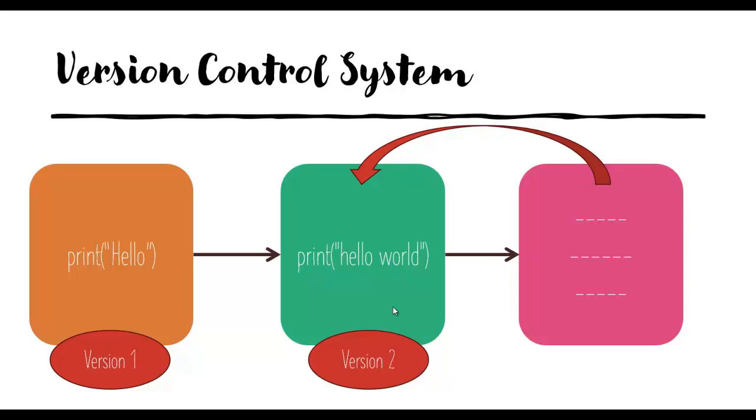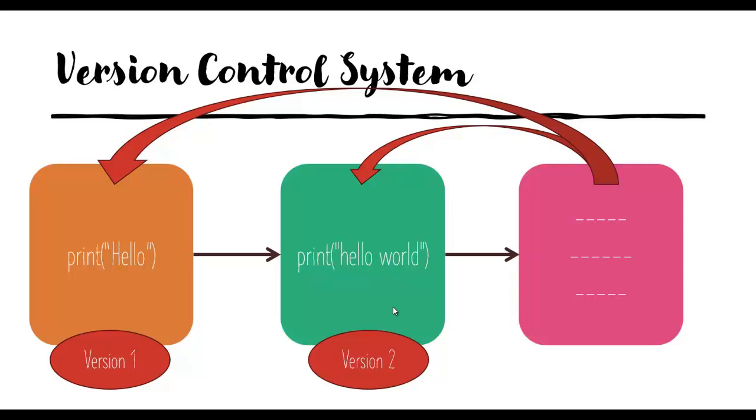Also, we can revert back to version 1 as well using Git. So please remember, it is not just about moving to the most recent version. You can roll back to any saved version as long as you know which version you want to revert to, right? This is one of the main advantages of using a version control system like Git or GitHub.